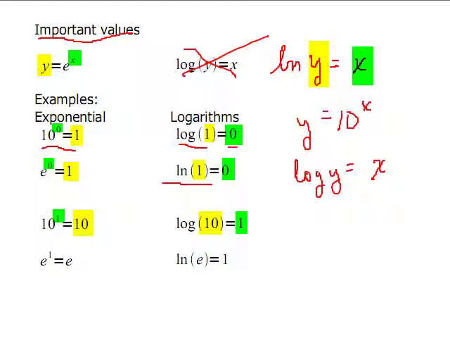So what we have here is log to the base 10 of 10 equals 1. These are the same. Now we see the same situation here. e to the 1 is e, log of e is 1. That's because what we're taking here is log to the base e of e. These are the same. The answer is 1.